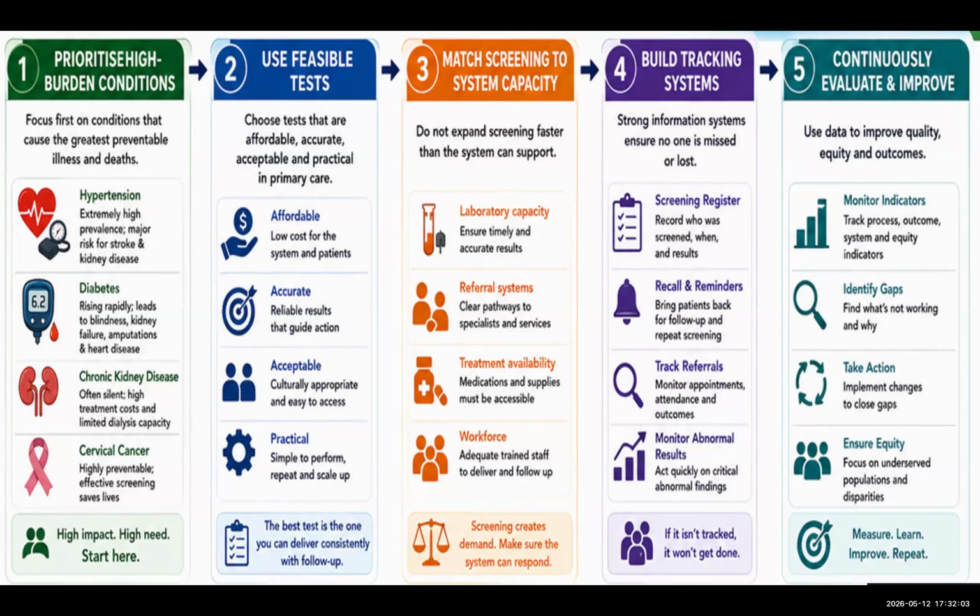We can't just expand screening based on global guidelines and then the entire system collapses. We need to know that we have the laboratory capacity, and that the specialists and the referral systems can handle it, and that once we pick up something abnormal, patients can be treated and we have the systems and the workforce in place to treat them. Once we can track the screening, the recalls, the referrals, and have effective communications, we can continuously evaluate and improve, identify the gaps, and move forward, right?